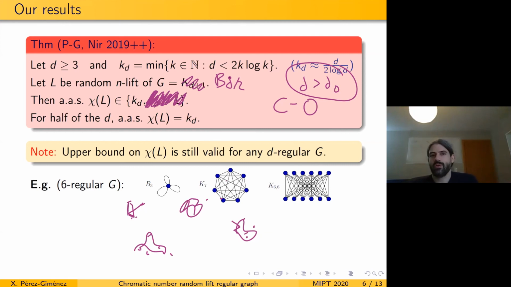I'm pretty sure that the same can be done here, but it's very complicated, and maybe I'll let Coja-Oghlan and his team do that. And no one knows what happens for small d. You can probably do that for d larger than 1 million, but for d equals 5, their methods don't work.